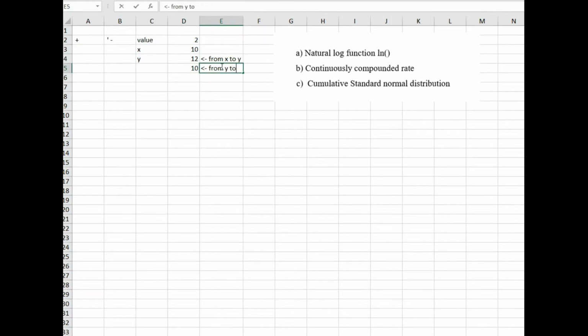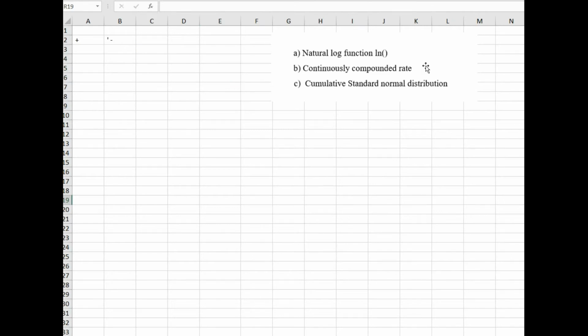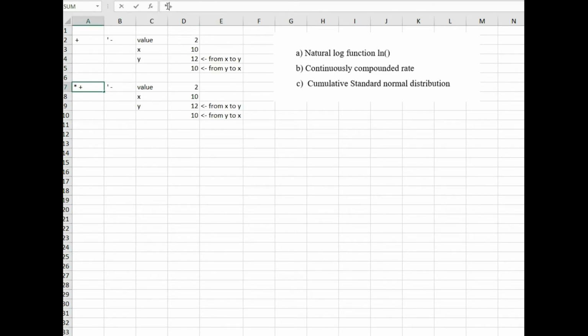Compounding rate for the option theory, and the division. Let's use 2, so this equals x times 2. Again, we still call it from x to y. This one is from y, so x equals y divided by 2.